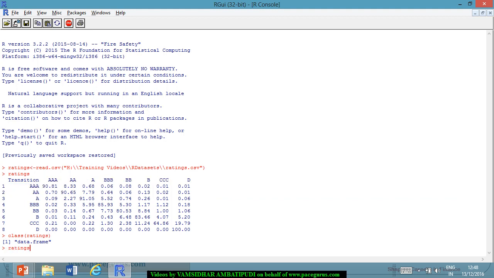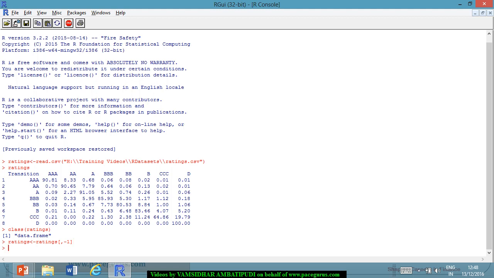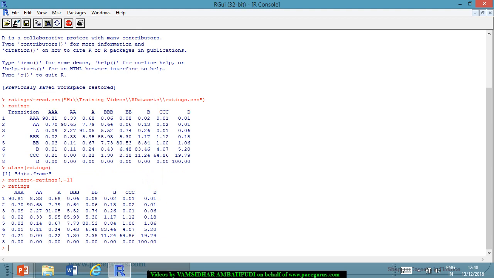So the first step is ratings, where I am taking the subset of ratings without the first column. I'll take all the rows, but not the first column. Now this is how my data is coming, but the class is still a data frame.